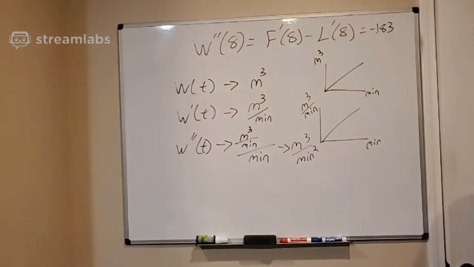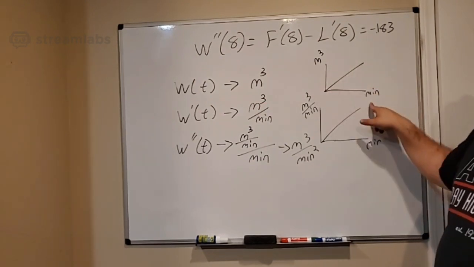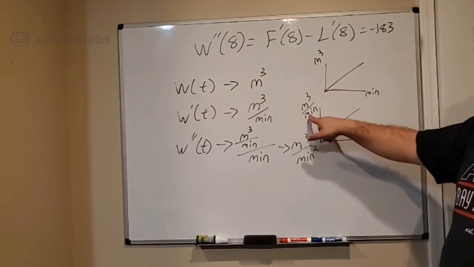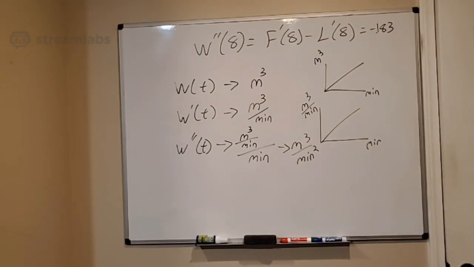So in the water function, the gallons is the y value, time is your x value. So you're going to divide those two, and then for your derivative, this would be your unit, so again, you divide them and you keep doing it. Easy way to remember this, anytime you're taking a derivative with respect to time, you just keep putting another, whatever that time value is, so minutes in this case is what I made it, you keep putting another minutes in the denominator. So if I took a third derivative, what would I get?